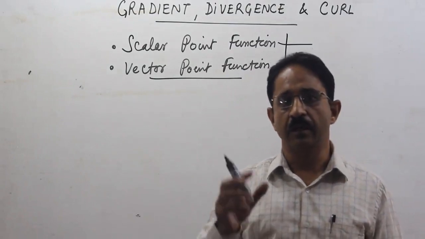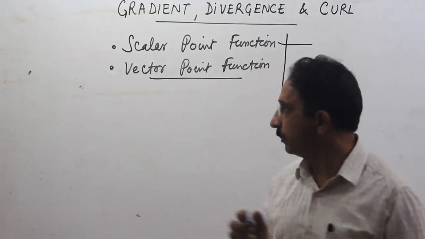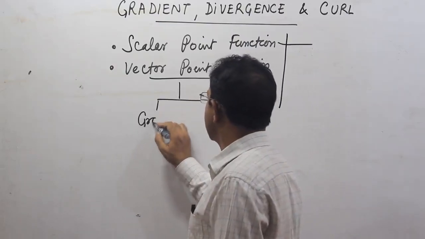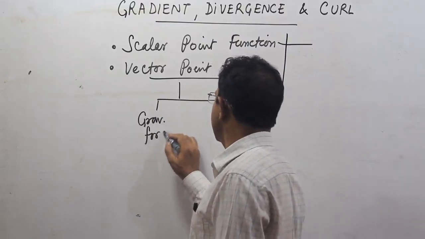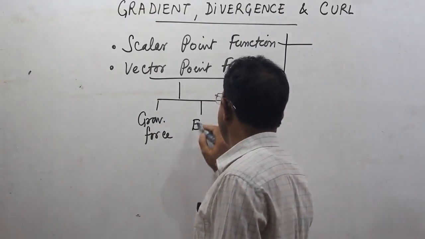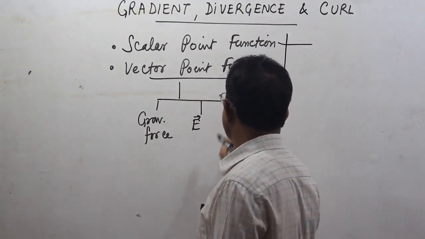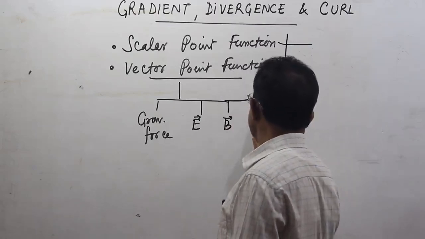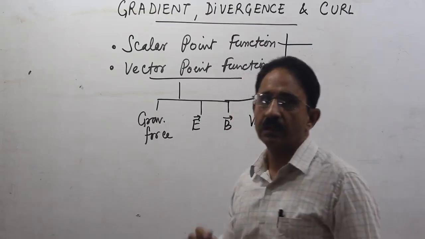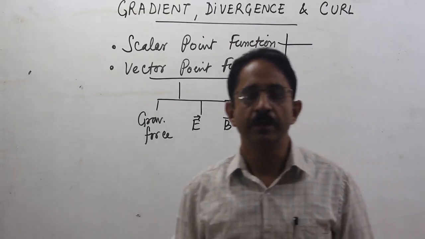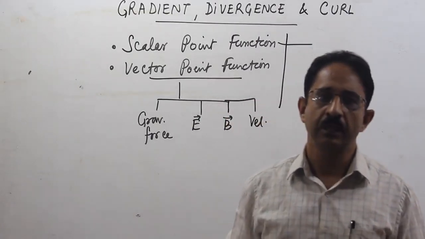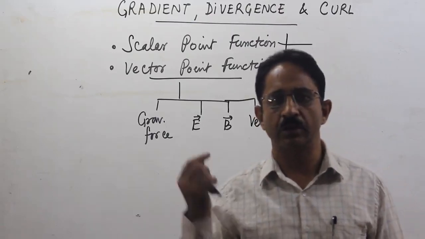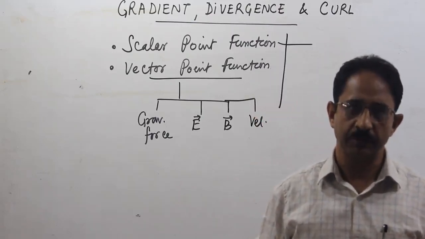As far as the examples of vector field are concerned, you are aware of the gravitational force in a region, the electric field, the magnetic field, and the velocity field. That means when a liquid passes through a tube, each point has a velocity which is unique to that point, and that velocity being a vector quantity, it describes a vector field.